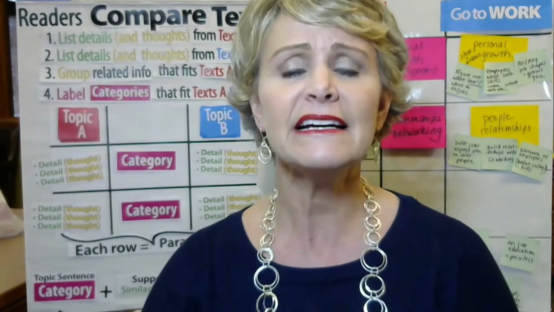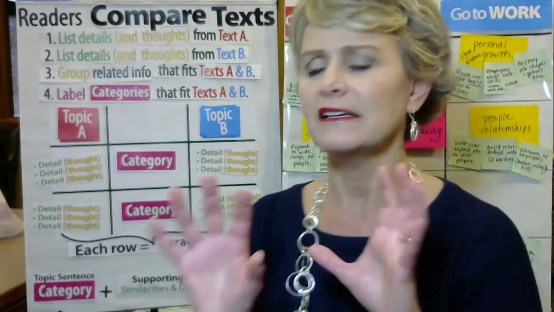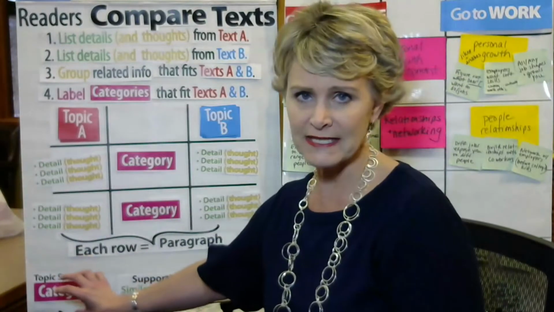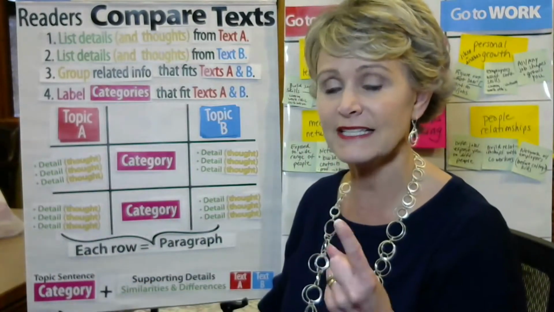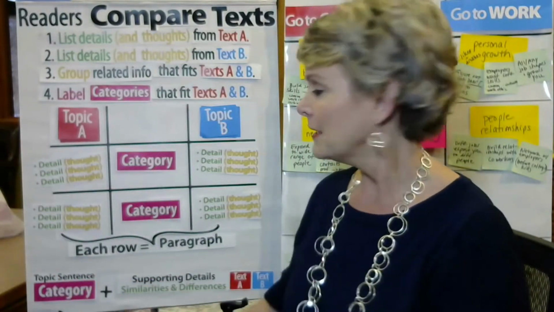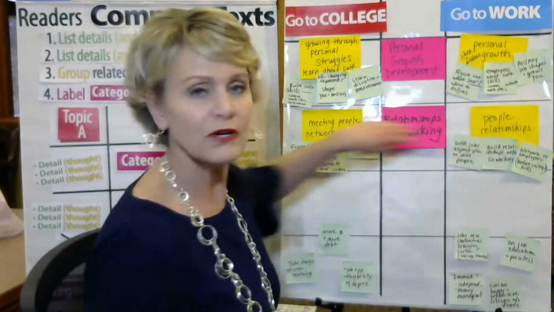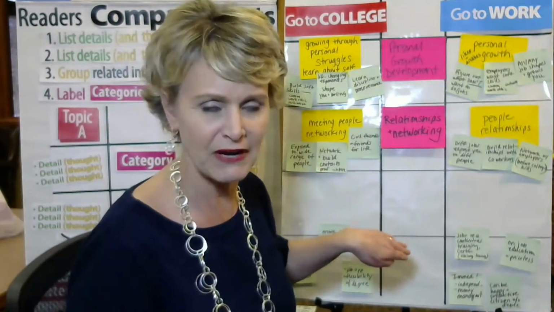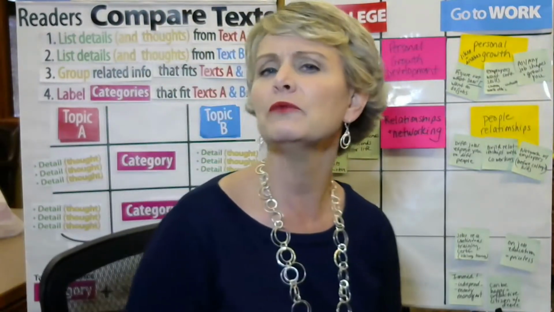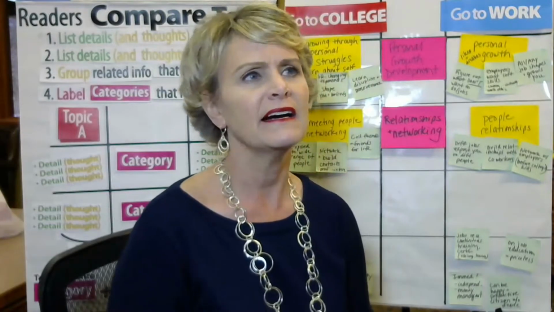Now, when writing these paragraphs, remember the idea of the category becoming the topic sentence, so therefore the first sentence of the body paragraph, okay? This is a body paragraph. These are two future body paragraphs. You do realize that we would normally have had an introduction.